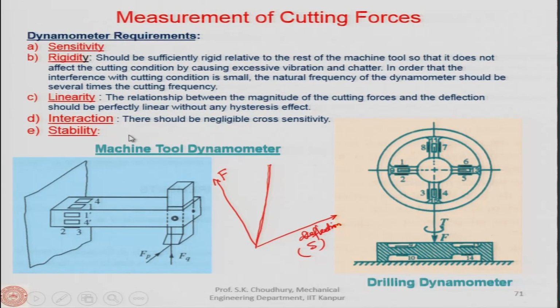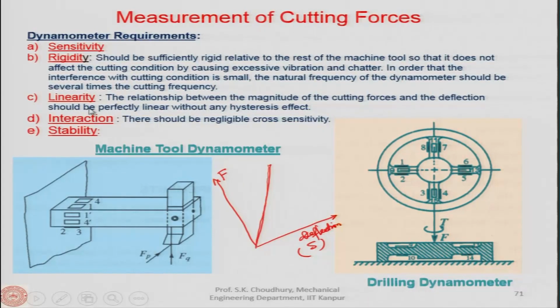It should be sufficiently stable so that it does not disturb the machining process, because instability in the process will actually give rise to vibration, chatter, self excited vibration and so on. That is a long story. So, we are saying that the dynamometer should have high stability.